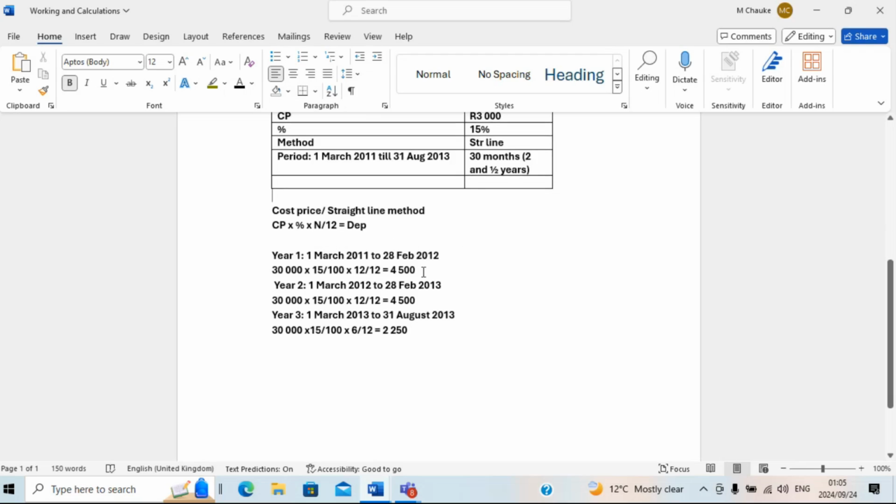We calculate depreciation for the first year, for the second year, and for the third year, right? How much is the total accumulated depreciation until the date of sales? We also have to calculate the total, or maybe I will just call it accumulated, that's how maybe you will understand better.